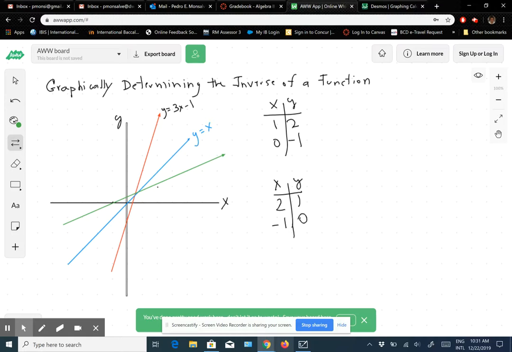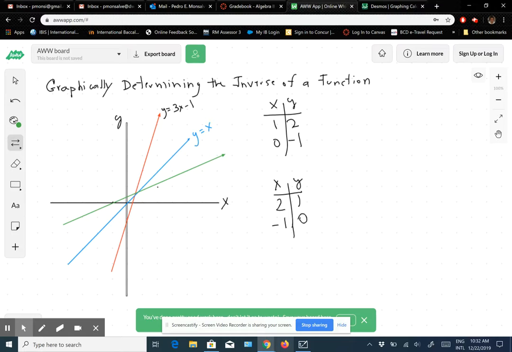Notice that my line is a little off on the second point of my original function y equals 3x minus 1. It now makes sense why I drew the line y equals x. Notice that at all times, what I'm doing is reflecting the points of the function y equals 3x minus 1 over my line y equals x.